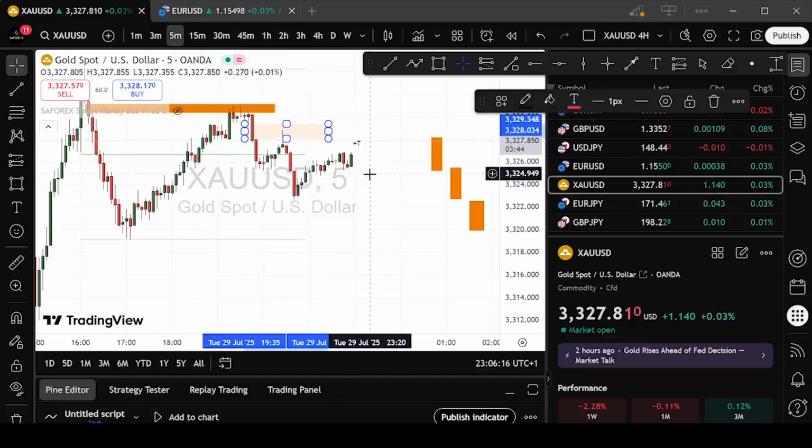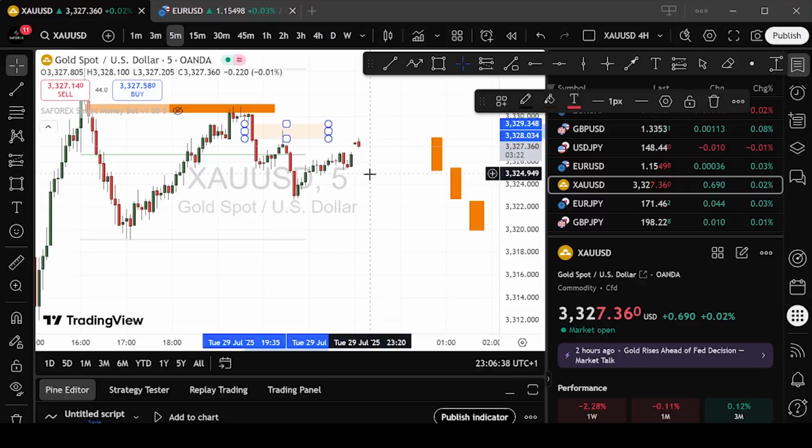So that is how premium and discount is. Alright, so you don't want to sell when price is in a discount. You sell when price is in premium. Alright. So to wrap it up, premium and discount is the smart money concept that helps you to trade with logic and not emotion. So it's about value.